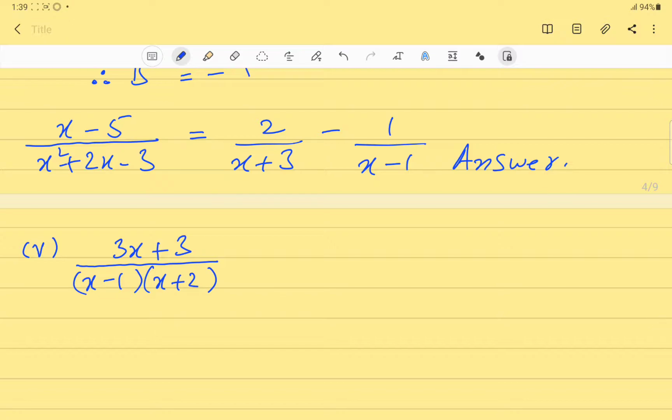This fraction is already a proper fraction because the degree of x in the numerator is lesser than the degree of x in the denominator, and in the denominator both the factors are linear, so we can simply write it like a over x minus 1 plus b over x plus 2.